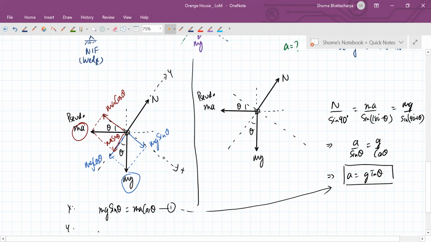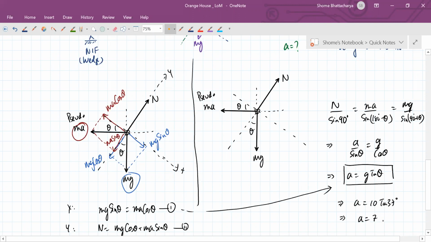Whereas along the y-axis, not important here, but normal reaction is mg cos theta plus ma sin theta. Okay. So the second equation is not necessary for this part. We just need this. So this acceleration will come out to be, and tan 37, as you know, is 3 by 4.